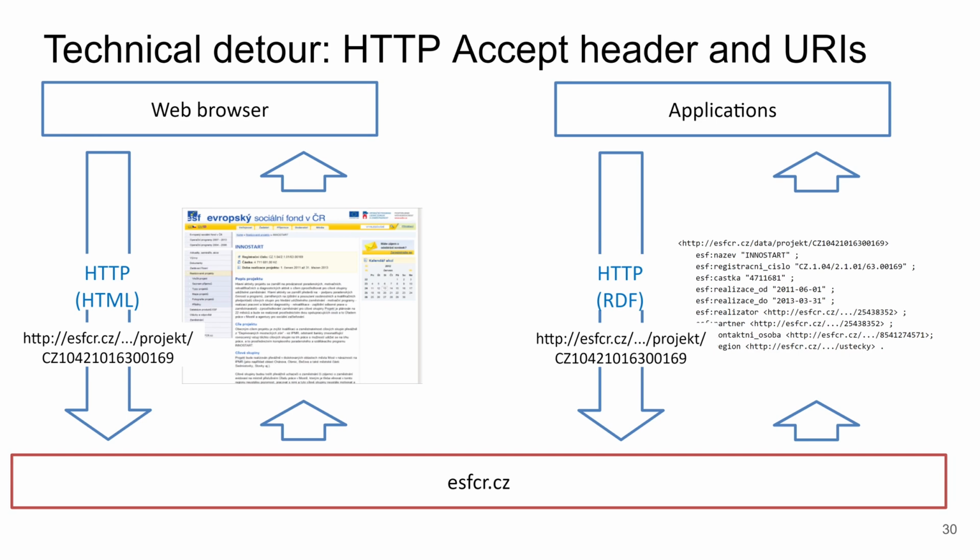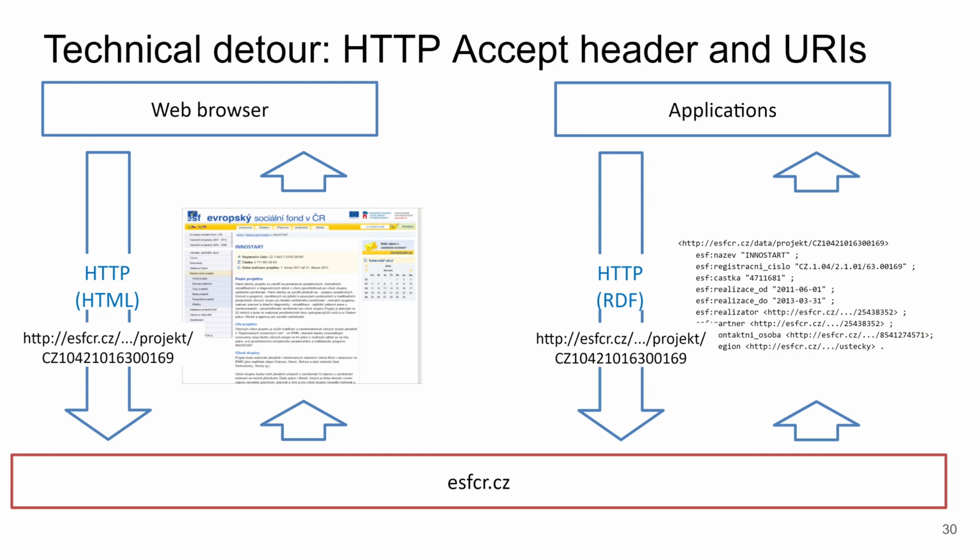Well, there is a neat solution baked into HTTP itself, and that is the accept header. Each HTTP client, when they do an HTTP request, specifies in the accept header in which format they would like to see the representation of the resource identified by the HTTP URI.